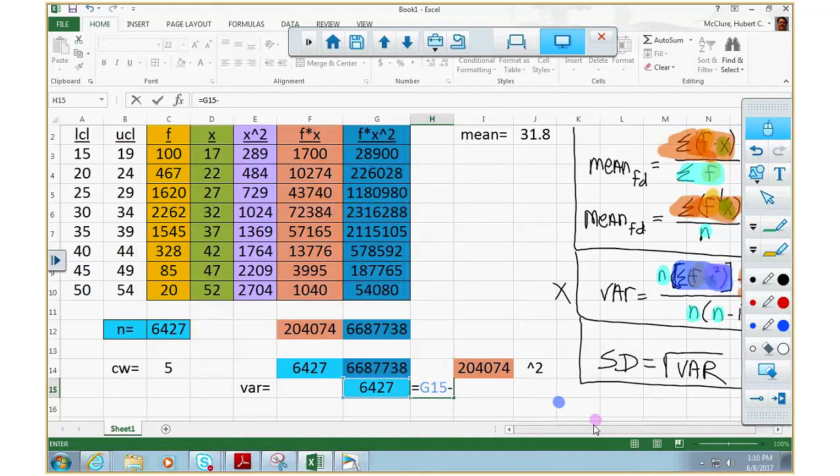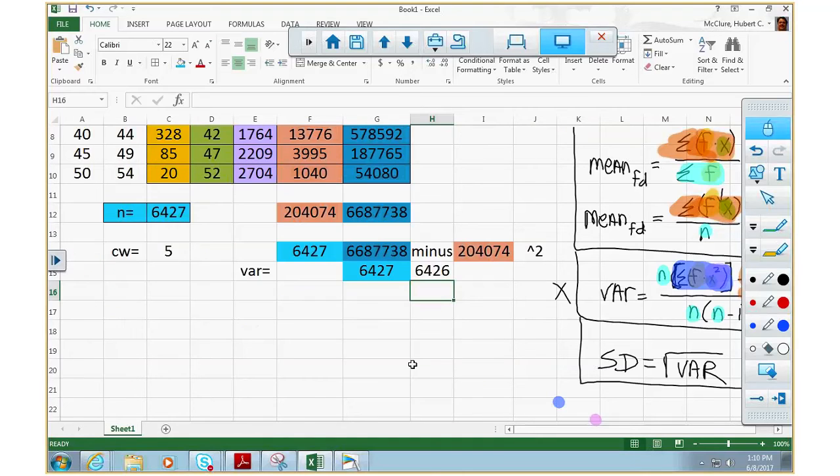Or subtract what? 1. All right, so this is your variance formula. So this is what you should be putting in your calculator. Okay, now I'm going to go down. I'm going to put variance again. I'm going to take the blue numbers and multiply them together.